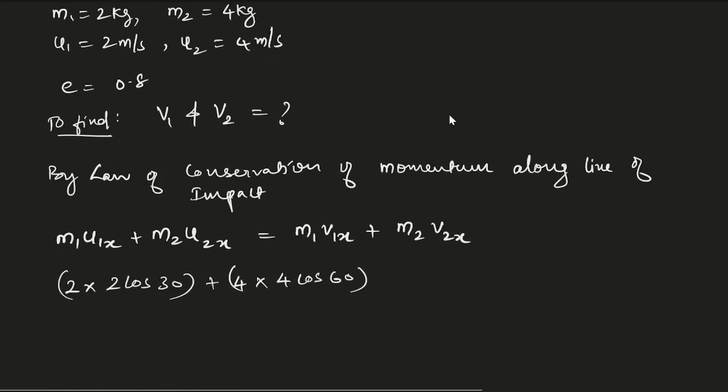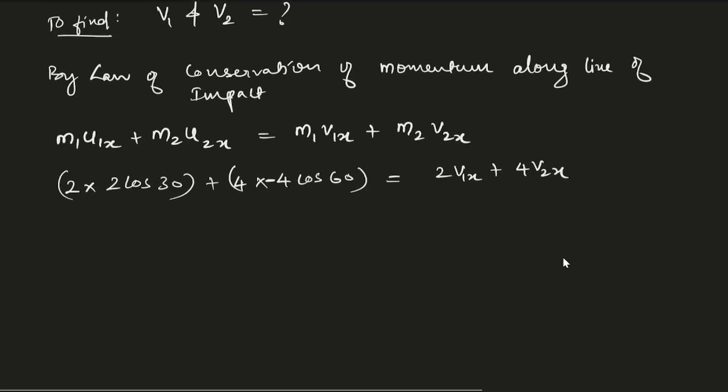Now you have to check the direction as well. The u1x is moving from left to right, so it is positive. u2x is moving from right to left, so it will be negative. So here it is minus 4 cos 60. This will be equal to m1, which is 2, v1x plus m2, which is 4, v2x.